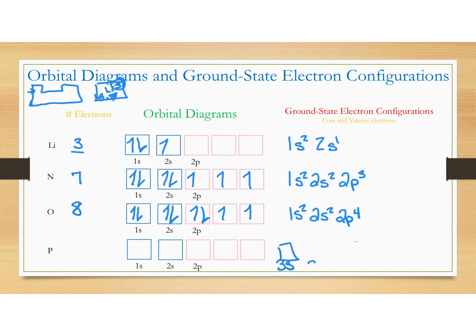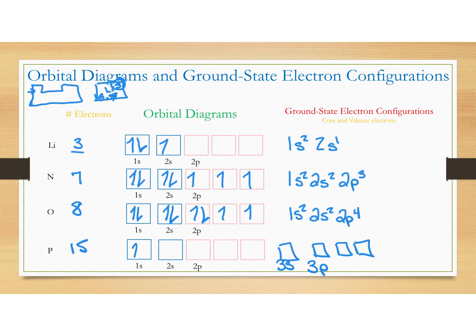And we know that phosphorus is in the 3rd period, so I'm going to have to go out to the 3rd energy level. Phosphorus is atomic number 15. That means I need 15 electrons. So let's start out.